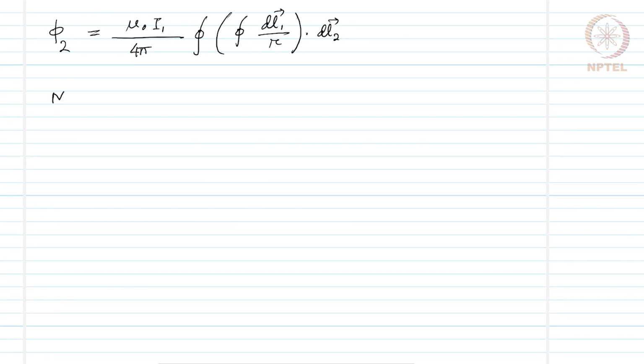So, the mutual inductance M21 can be expressed as mu naught over 4 pi double closed integral dL1 dot dL2 over R. So, we can see that M21 depends completely on geometry.